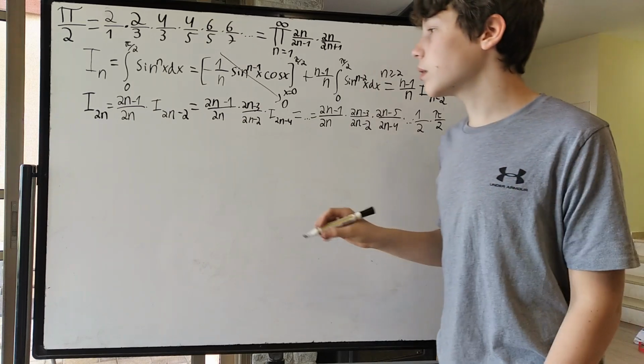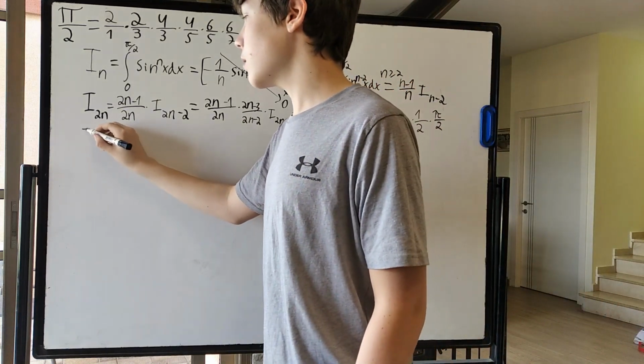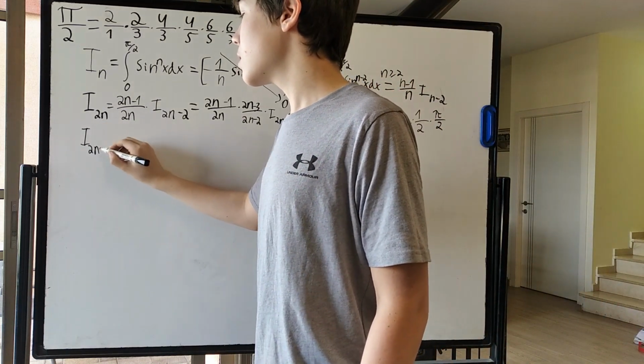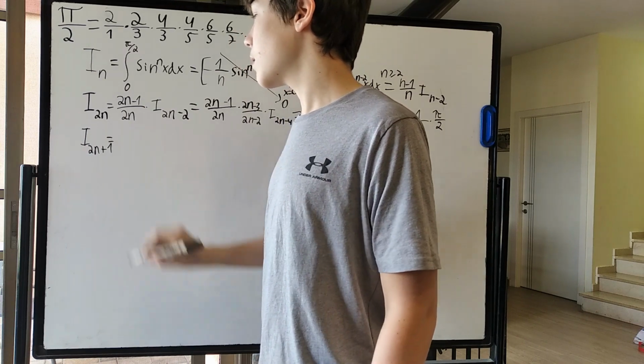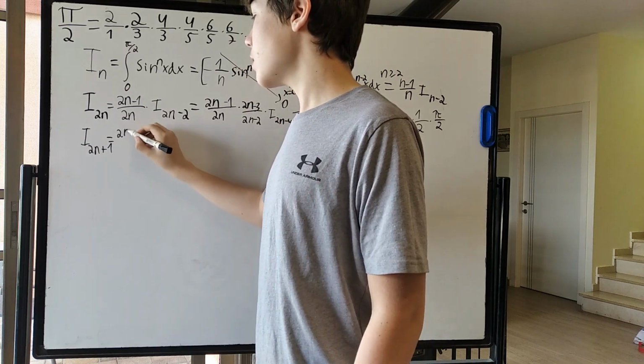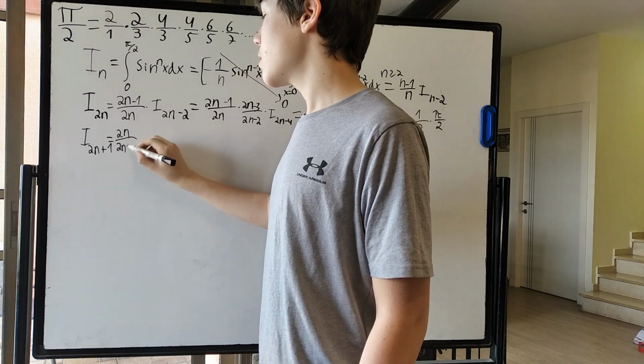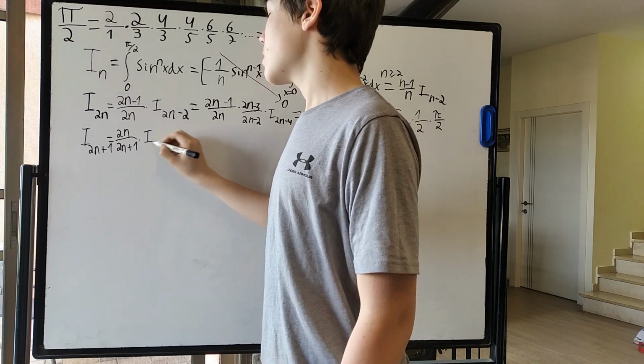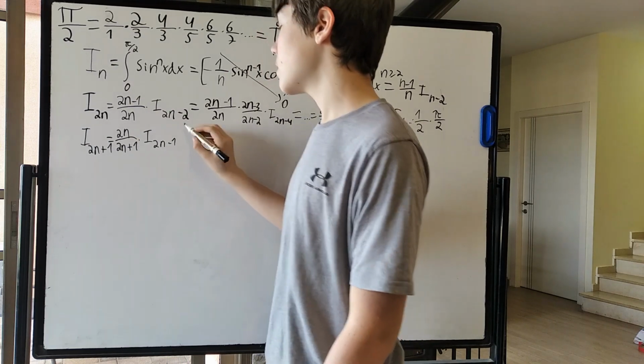Okay, now let's find out similarly what is I_2n plus 1. By our formula, it's 2n over 2n plus 1 times I_2n minus 1.